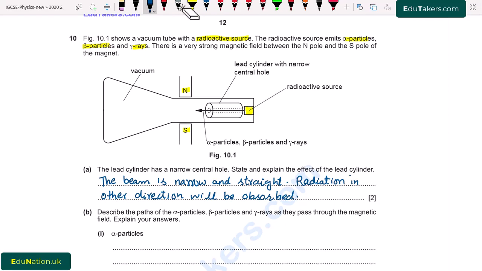Part B. Describe the path of alpha particles, beta particles and gamma rays as they pass through the magnetic field. Explain your answer. Here we have to describe the path of these three particles and also gamma rays. So, we know the Fleming left hand rule.